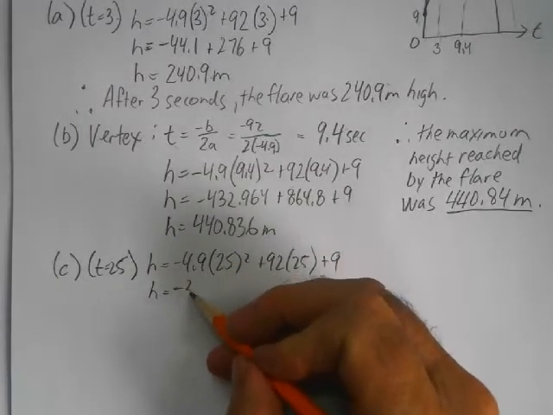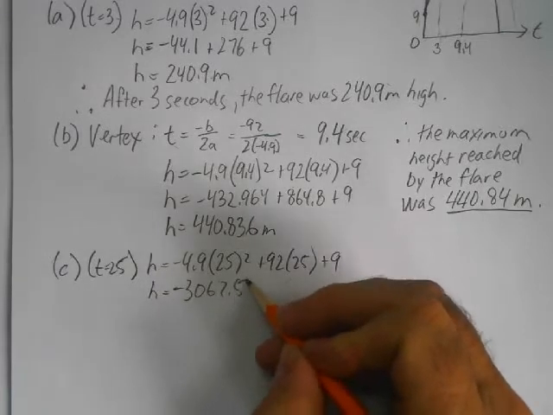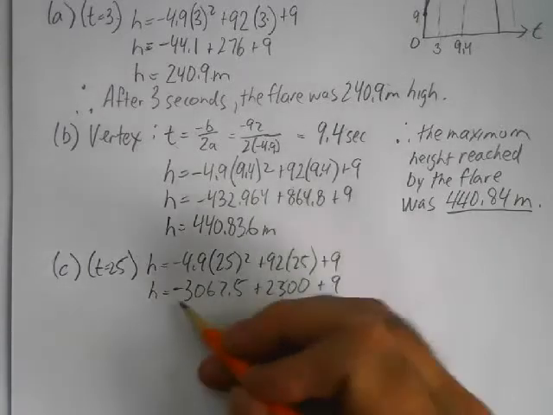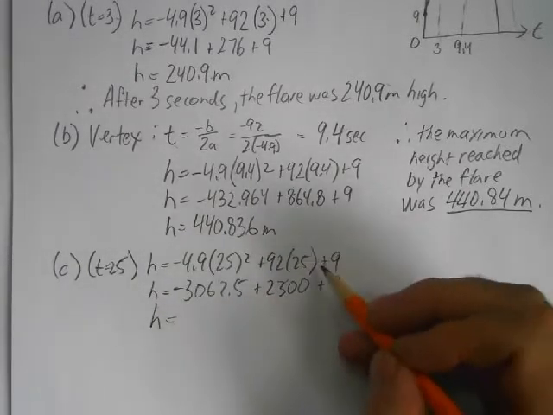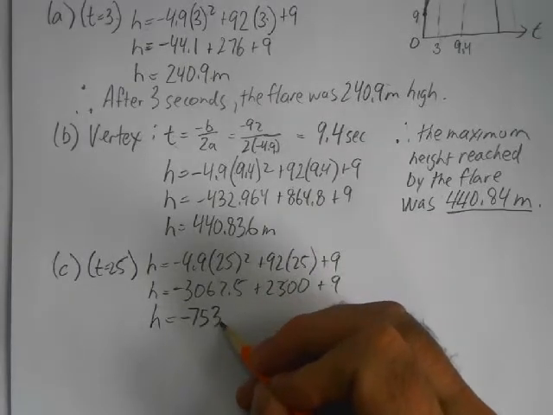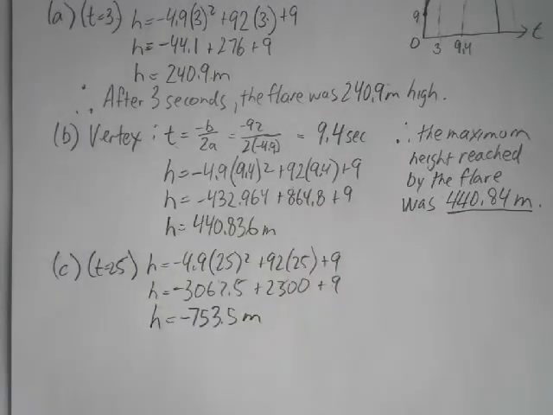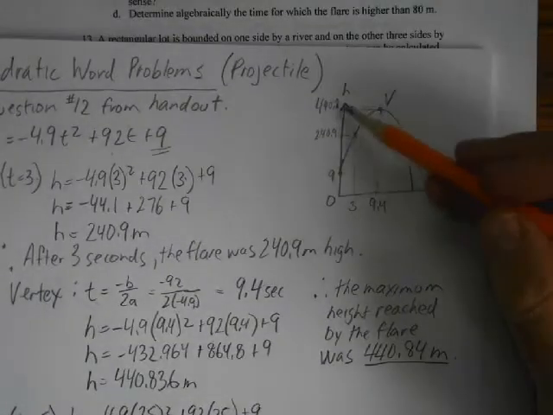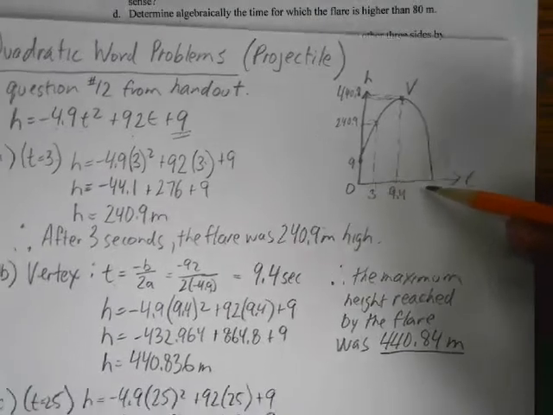And a huge negative number. It throws 3062.5. This is 2300, and that's 9. Put them all together, and we get this big negative number, negative 753.5 meters.